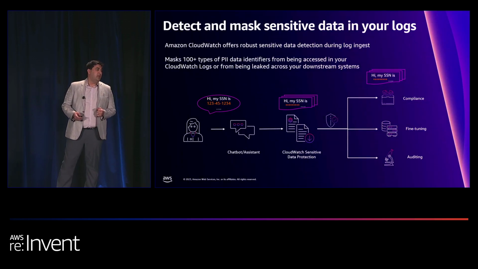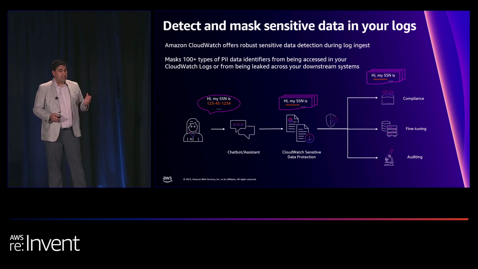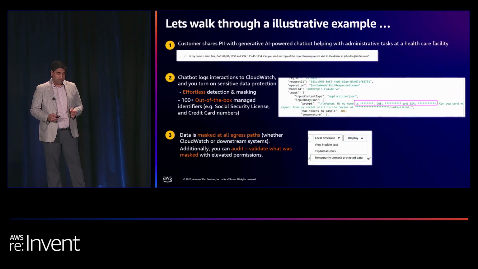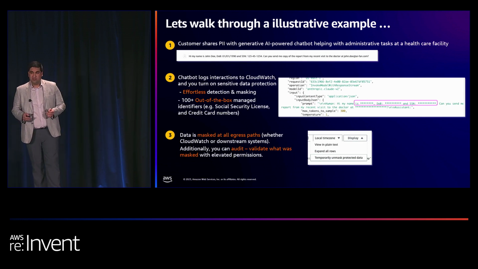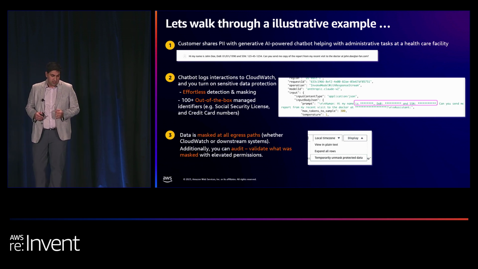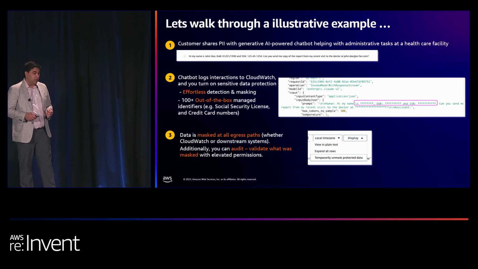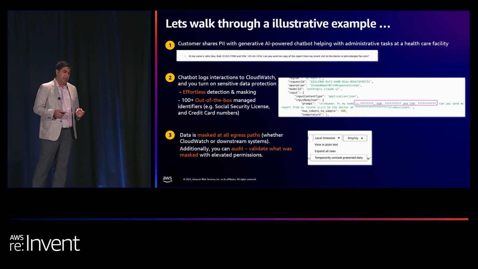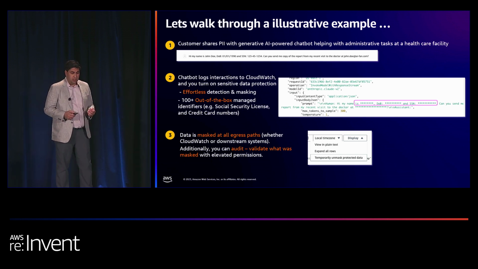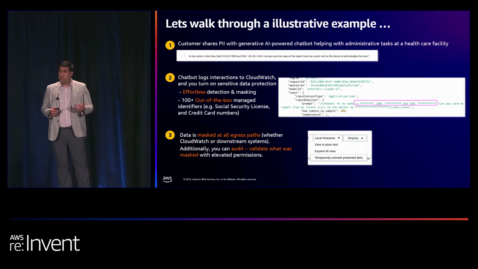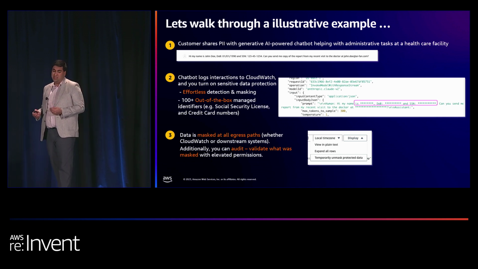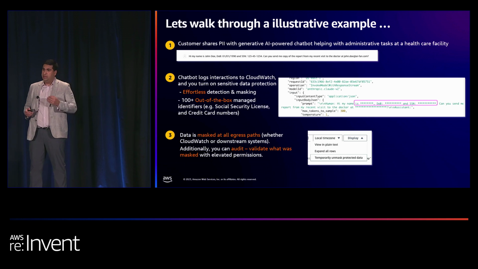That's why last re:Invent, we launched sensitive data protection for CloudWatch Logs. I want to walk you through a quick illustrative example. In today's world, lots of people are building GenAI-powered chatbots. Let's look at one which is doing some administrative tasks at a healthcare facility. A customer is talking to the chatbot, shares their name, their date of birth, their SSN, and the chatbot is logging all of these interactions, all of these prompts, to your CloudWatch log.